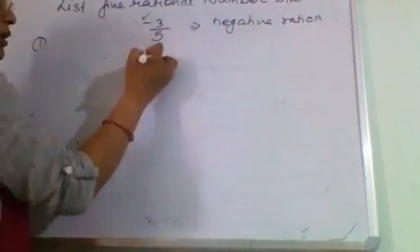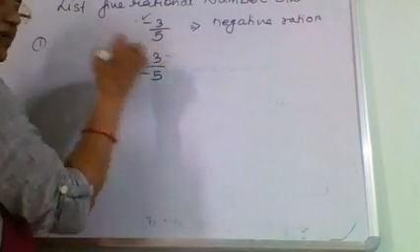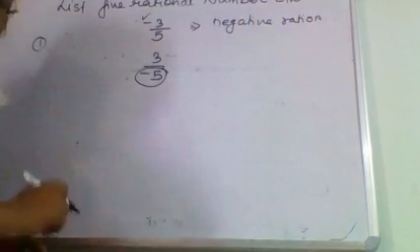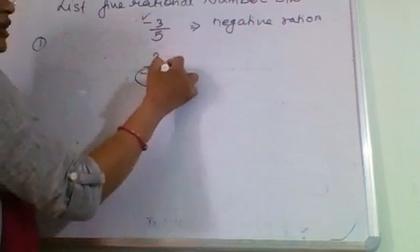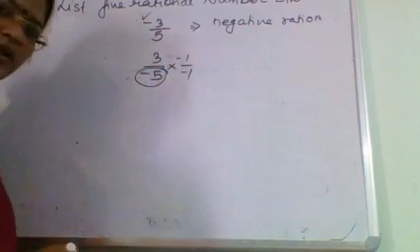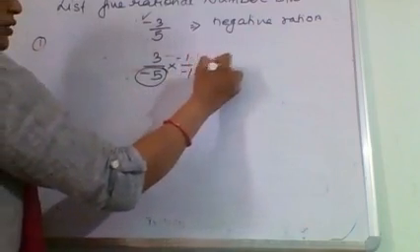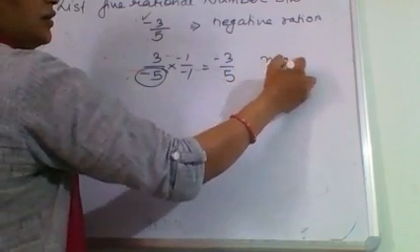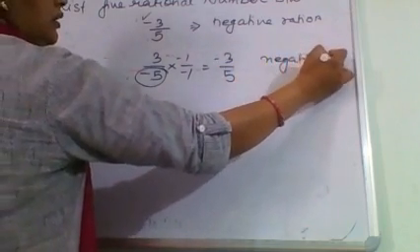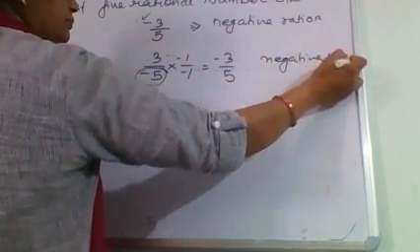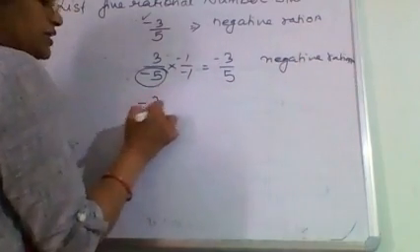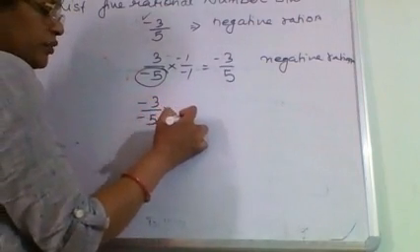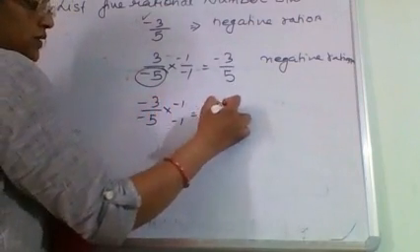But when it is 3 by minus 5, because the denominator is negative, first you convert it into standard form. How will you convert? Multiply by minus 1, this will be easy for you. Minus 3 by 5, a negative rational number. What about minus 3 by minus 5? I will multiply both by minus 1, so this will become 3 by 5.